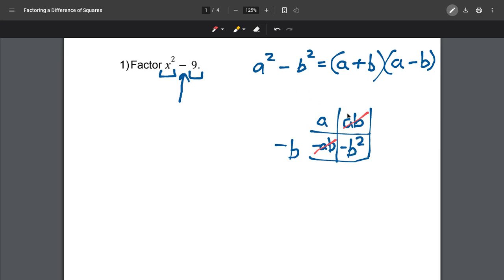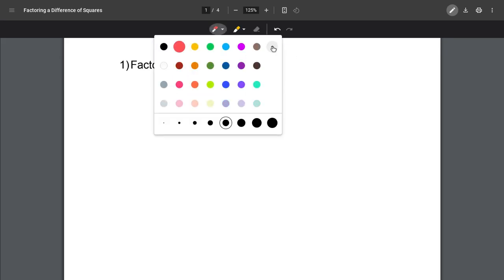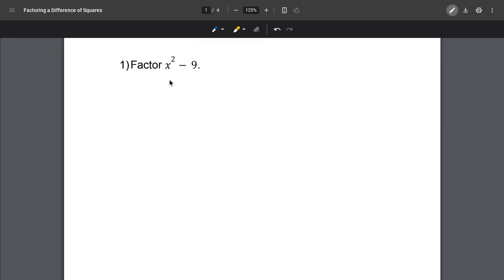Okay, so let's apply it to this particular problem here. We've got x squared minus 9. All right, so x squared is like our a squared.